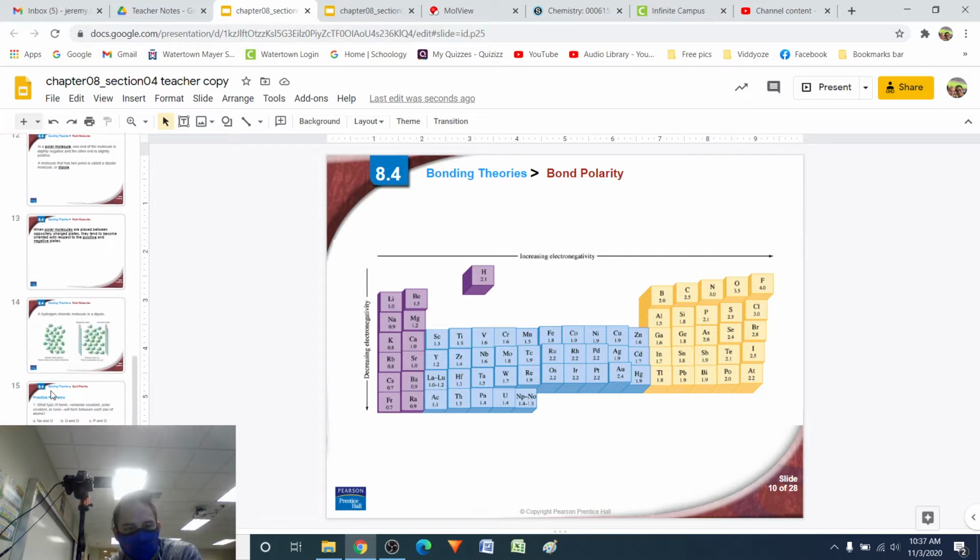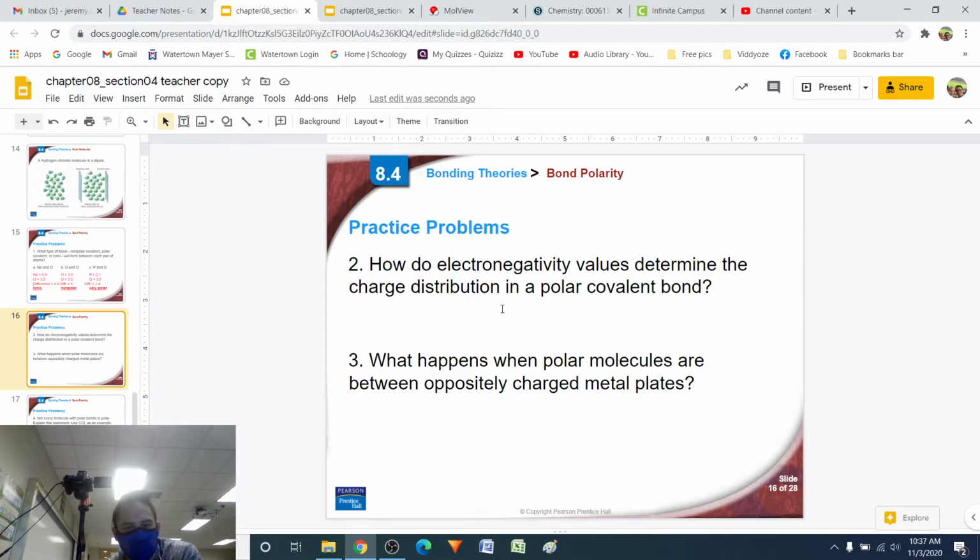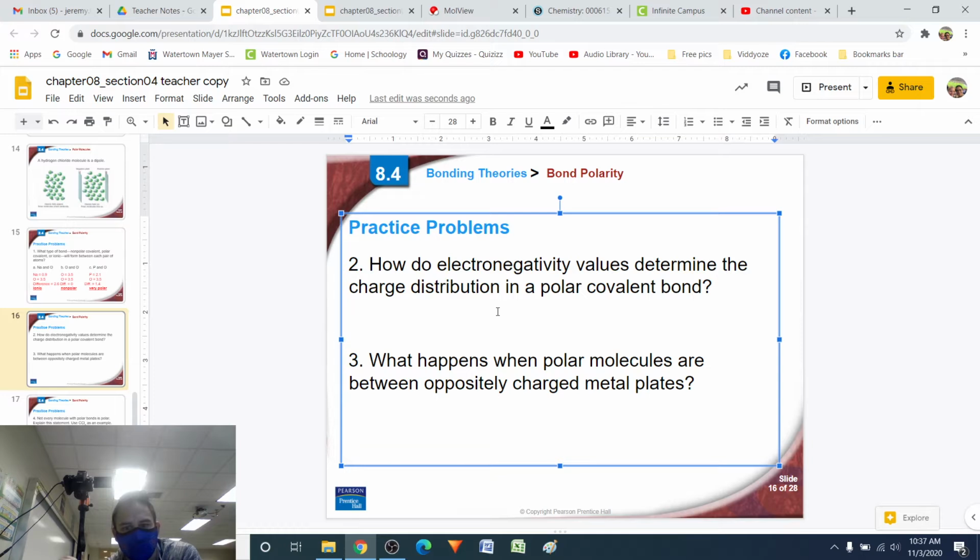So the question is asking, how do the values for electronegativity determine where the charge is mostly going to be in a polar covalent bond? The atom that has the higher electronegativity value will tend to be slightly more negative in a polar bond. And the atom that has a smaller electronegativity value will tend to be more positive in a polar covalent bond because it's going to push those electrons away.